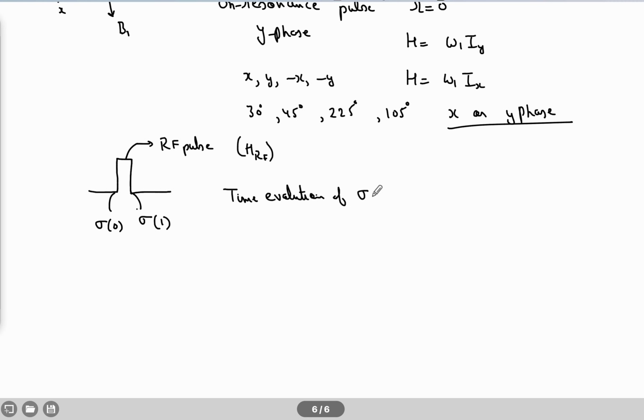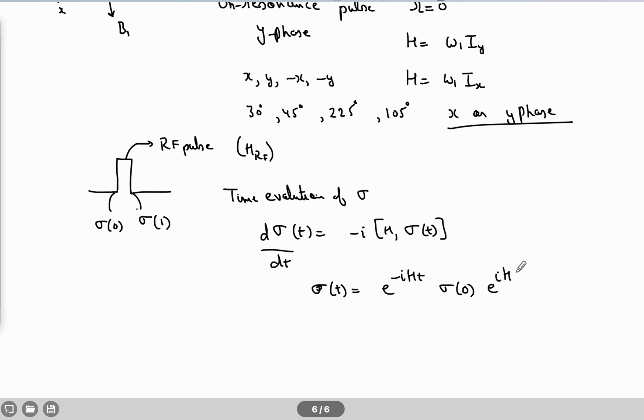So this is called time evolution of sigma, right? Which, if you remember, is given by d sigma by dt is equal to minus i H sigma t, right? The Liouville-von Neumann equation, the solution to which was given by sigma t is equal to e to the power minus i H t sigma 0 e to the power i H t, right? So in this case, the Hamiltonian will be the one which is given for the RF pulse, and sigma 0 is the one which is just before the RF pulse.